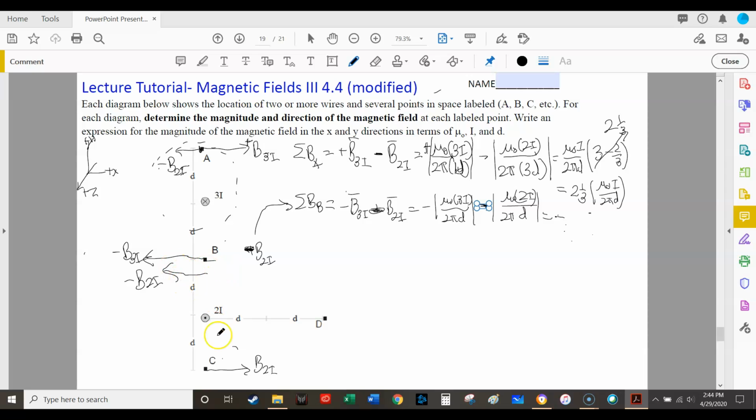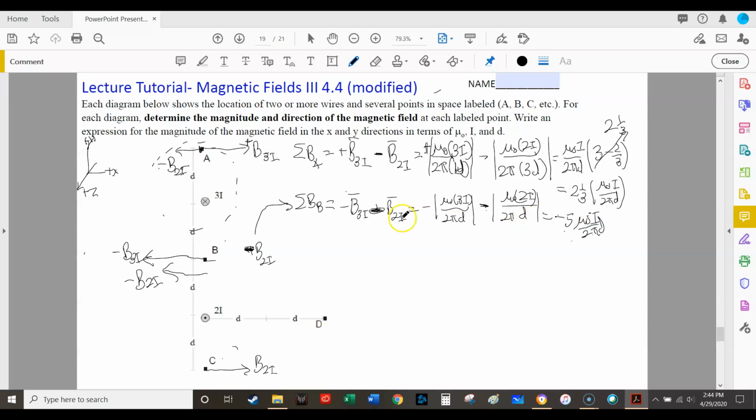So what I realized by drawing this, if this is pointed to the right, it has to be pointed to the left above the 2I wire. So these two magnetic fields should be pointed in the same direction, correct? And so what we're going to have is negative mu 3I minus mu 2I, which is going to be negative 5 mu I over 2 pi d.